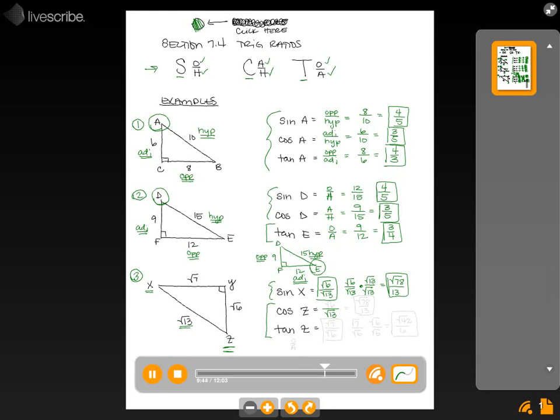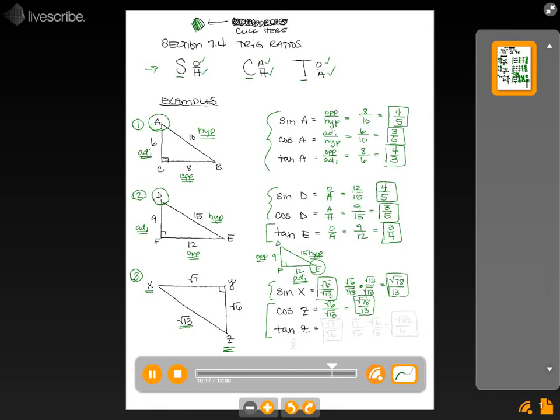But we want the side that's adjacent to Z, the one that's next to Z. And in this case, since they switched now, root 6 is the one that's next to angle Z. So it's root 6 over the square root of 13. That means our answer is going to be the same thing if we would rationalize it. Okay? And that's okay. Some of your answers will repeat, especially when the angles change. It's okay to have two of the same answer in the same set of problems.